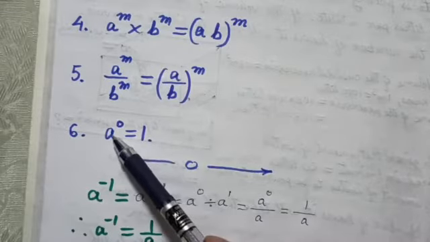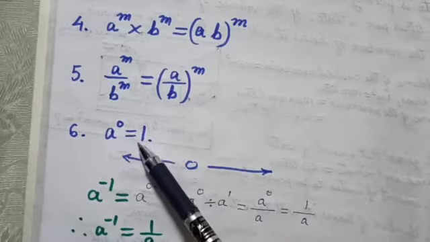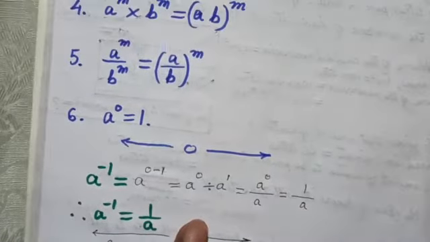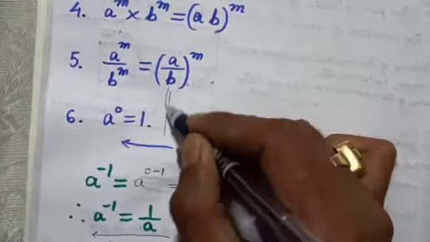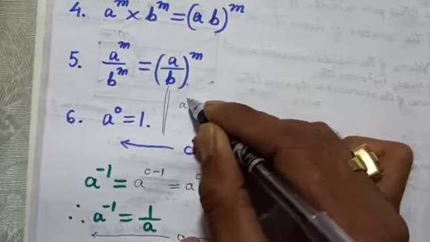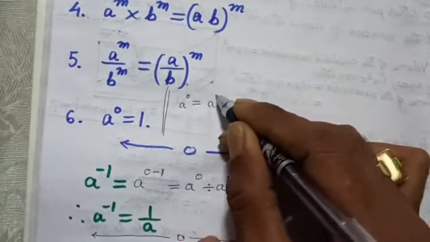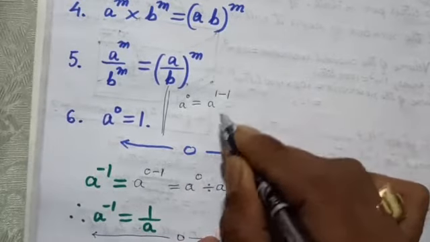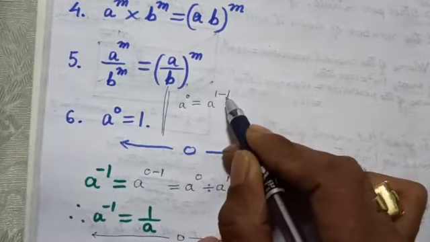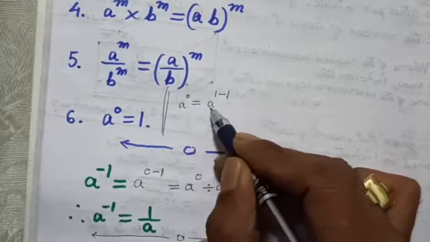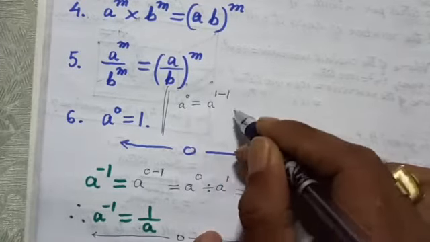Now let us see how a to the power 0 is equal to 1. We know that a to the power 0 we can write as a to the power 1 minus 1. If from this 1 we subtract 1, then we get 0. So a to the power 0 is equal to a to the power 1 minus 1.